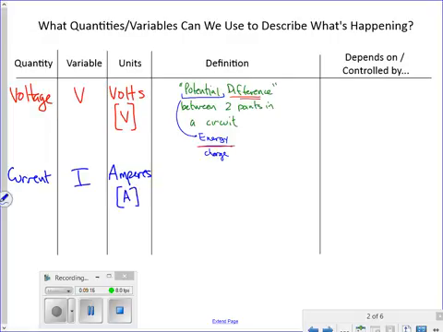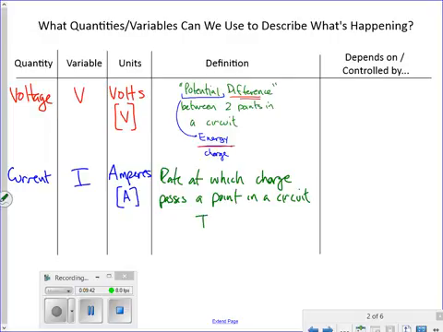We just use capital A. The definition of current is the rate at which charge passes a point in a circuit. I equals Q per T, charge per unit time. Okay, fair enough.